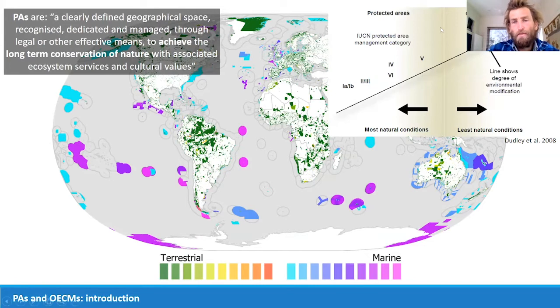There are of course 6 different categories of protected areas. If we look at this little diagram showing the degree of naturalness of the environment or the habitat, these different categories, 1 through to 6, in theory are supposed to be placed in this kind of setup, where the lower categories at this end of the spectrum are in relatively least natural conditions, and the higher management categories down here are where conditions are most natural.